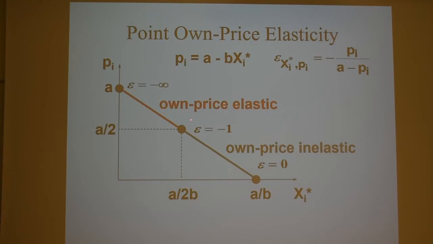On price, this is elastic if it's from 1 to infinity, everything negative. So this is called elastic. Why? You see what happens here? If I'm here, namely if the price is a over 2, and I increase the price by 1%, it will decrease my quantity by 1%.